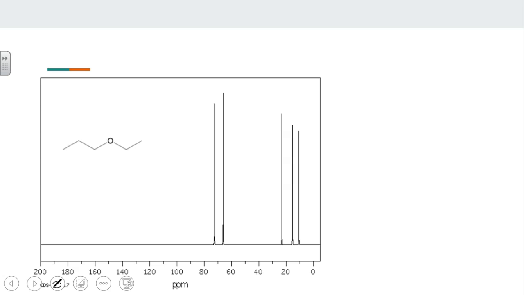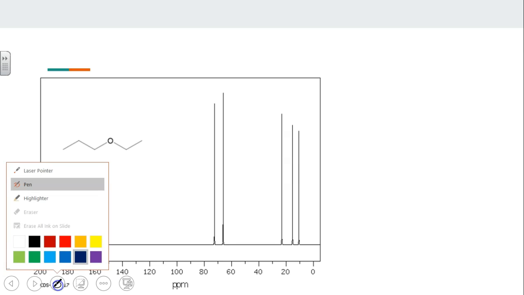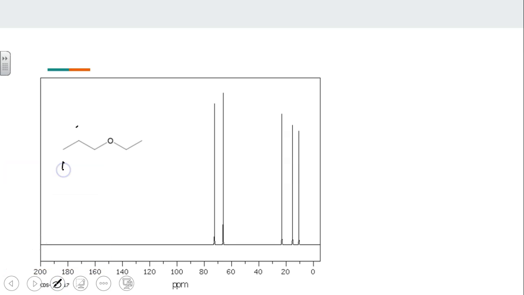So notice we have 5 carbons in our structure. Okay, I'm going to number these 1, 2, 3, 4, 5. And when we have those 5 carbons in our structure, notice we have 5 peaks. I'm not going to number them because I don't want to confuse this right now.